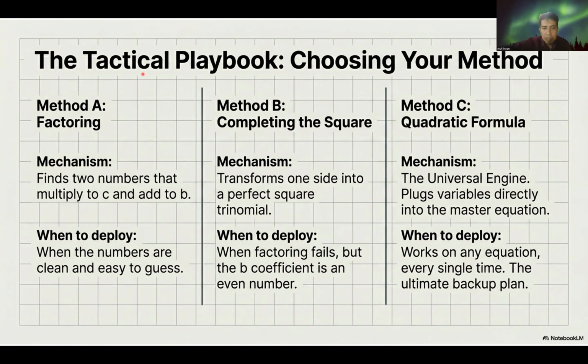Now let's see how to solve the quadratic equation. There are three methods. The first is factoring. The mechanism: find two numbers that multiply to c and add to b.